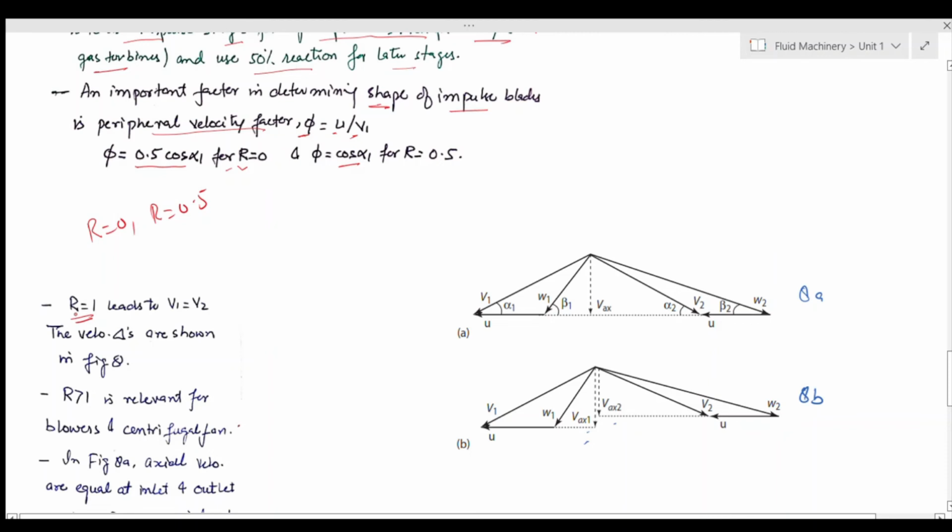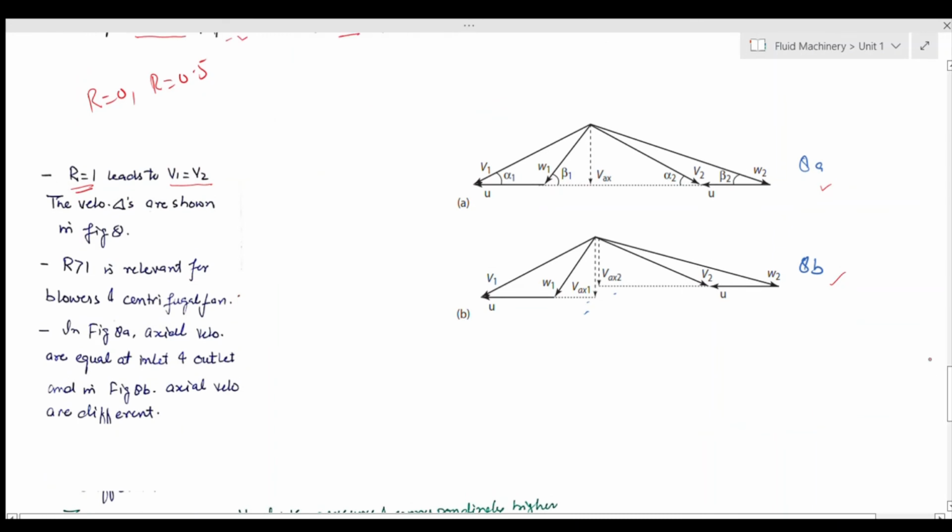तो जब R को हम 1 के बराबर रखेंगे R के एक्सप्रेशन में, डिग्री ऑफ रिएक्शन के एक्सप्रेशन में, तो हमको मिलेगा V1 बराबर V2, और उसके लिए जो वेलोसिटी ट्रायंगल्स हैं वो फिगर 8 के अंदर में दिखा रखे हैं. ओके, you can even look into R greater than 1, but R greater than 1 is relevant for blowers and centrifugal fan.